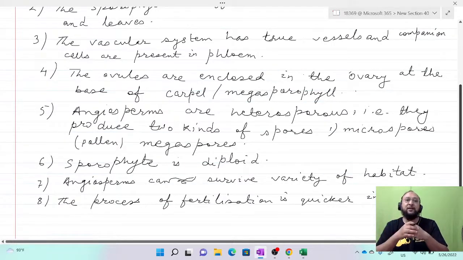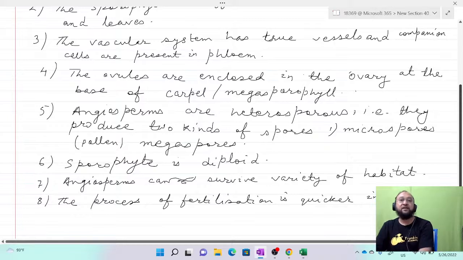Even in the leaves, the roots, and the stems, we find the tissues and structures well developed. And when you go to higher classes, from class 9 onwards, we'll study in more detail how the angiosperms have advanced features as compared to other lower groups of plants.